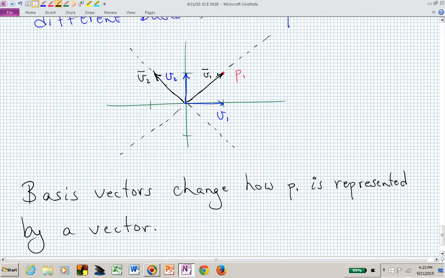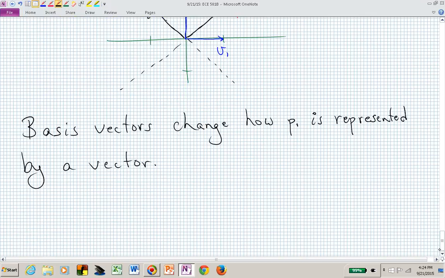And then let's also represent P1 in terms of V1 bar and V2 bar as a linear combination of those two basis vectors. And those weightings we will also put into a vector. And the idea is we're going to get two different vectors that represent the same point.